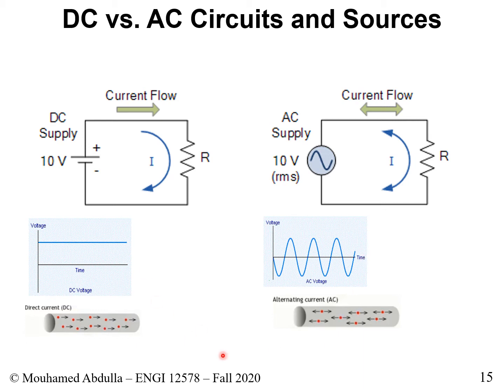Now, in terms of analysis, AC circuits are more complex. They're harder to analyze. DC circuits are considered easier to analyze because the time factor is not necessarily there. Here, time becomes more important because it varies with time much faster than here. Here, it will still vary with time, but after a very long time you'll see some effect.